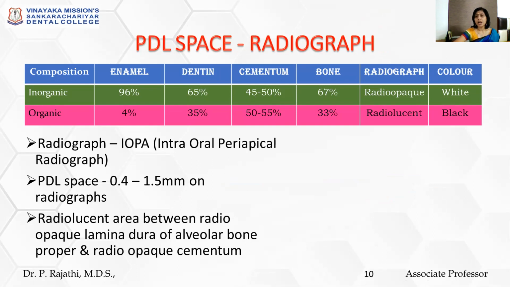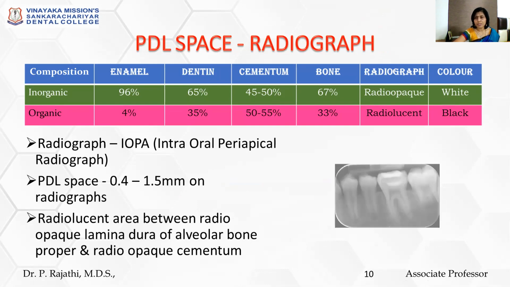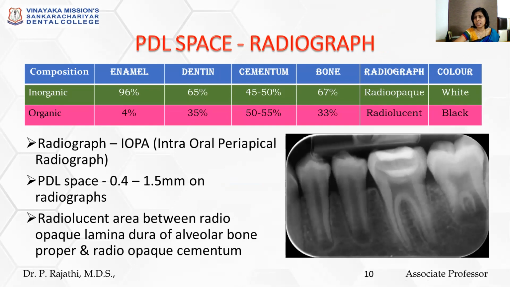Now I'm going to introduce a new terminology, the intraoral periapical radiograph. You all would have seen this X-ray. Most of you would have seen an X-ray of teeth, right? This film, we call it an intraoral periapical radiograph. How do we get this? What is the basic principle behind this?